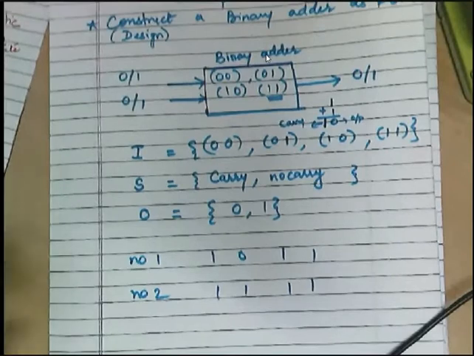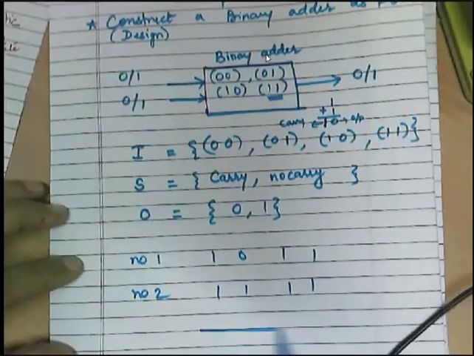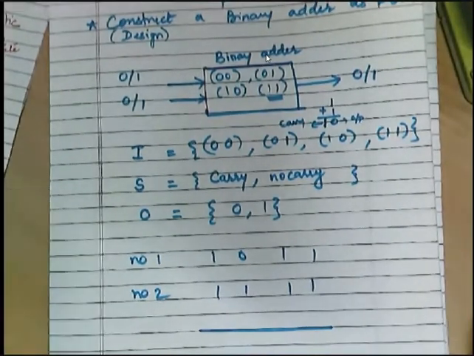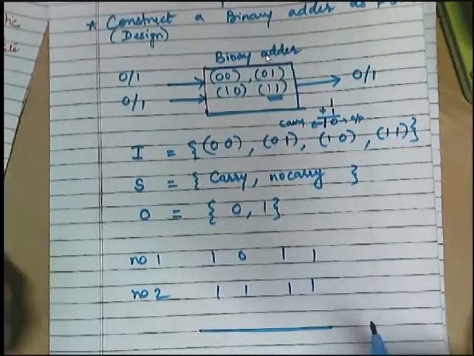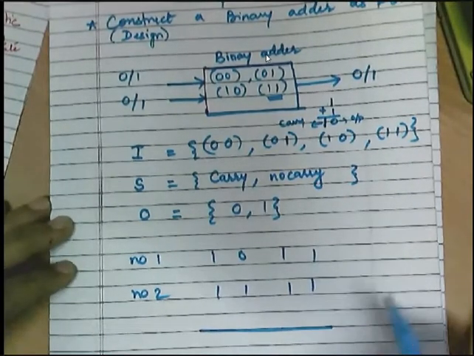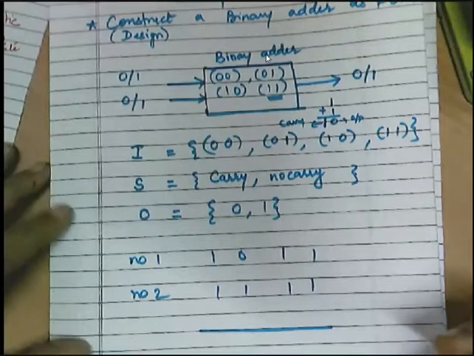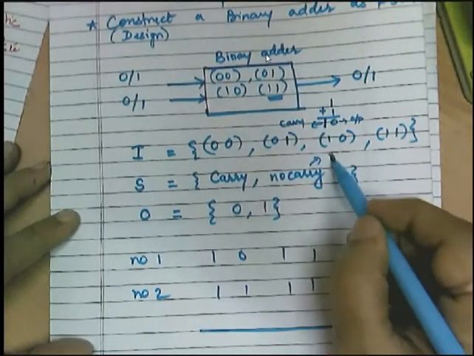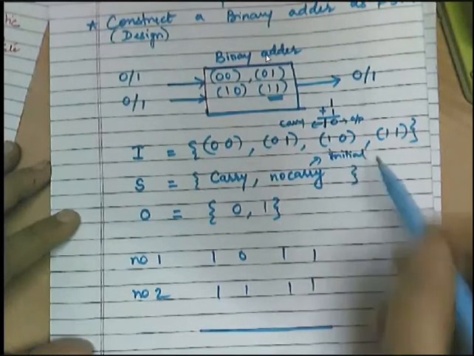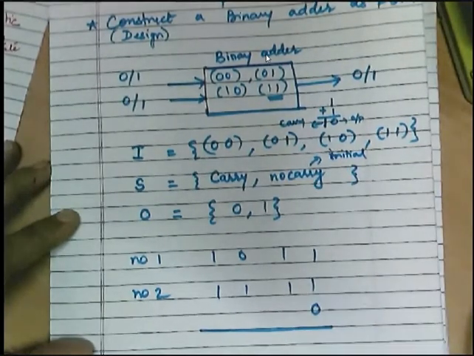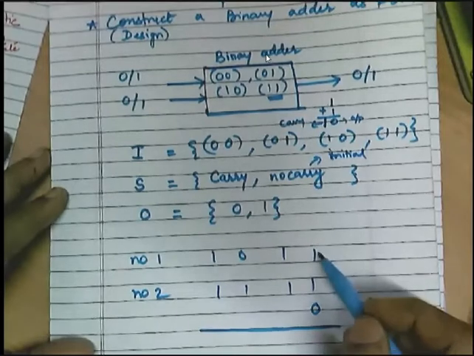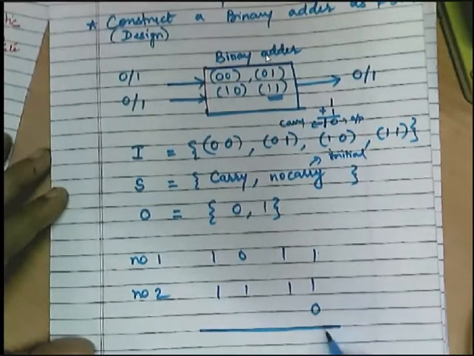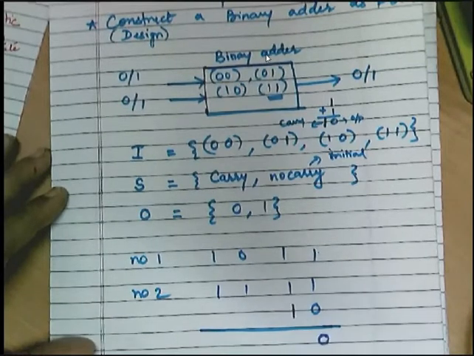If I add these, what will happen? Initially my machine will be in a no carry state because nothing has been added, so my initial state will be the no carry state. That means nothing is added here; it's 0. Now I add these two numbers: 1 plus 1 is 0, and I am forwarding a carry.